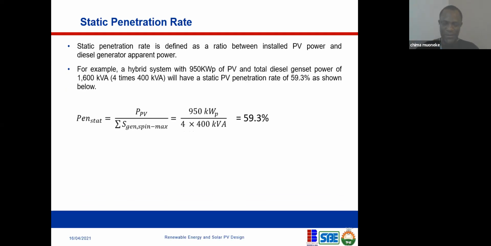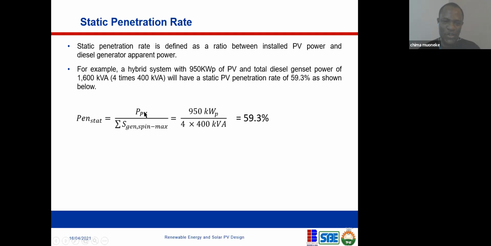So I have to come back to this example. I wanted something that is simpler to explain that. So in this our example, penetration static is equal to the peak capacity of your PV system divided by, forget all this formula that you're seeing, what this simply means is your total generator capacity.